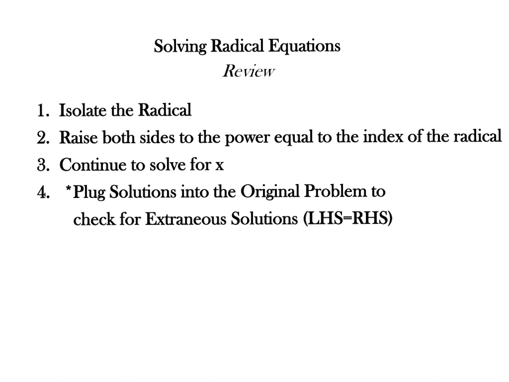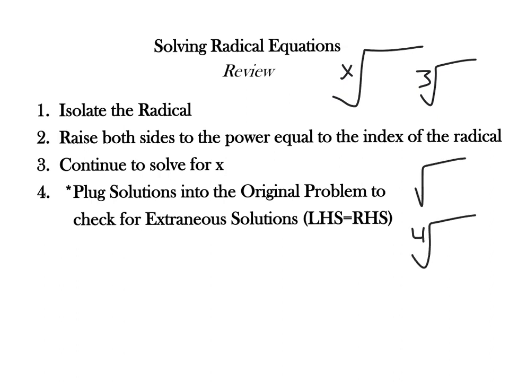Now, how do you know what exponent to raise? Look at the index of the radical. That's going to be this piece, the value that's right outside the square root. So, is it a cube root? Is it a square root? Is it a fourth root? This number, the square root technically is a 2, right? This number on the outside, this index, is what's going to tell you what exponent you're going to raise it to.